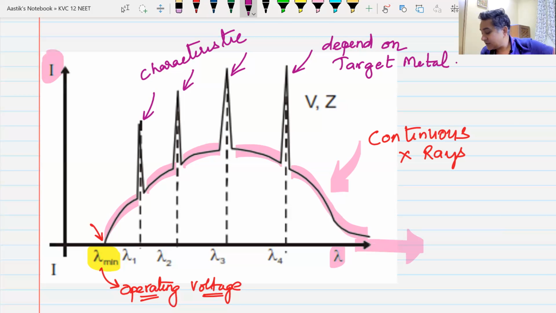Spikes means characteristic. Continuous means continuous. I'll give you 2 minutes to note it down. Note it down, fatafat.